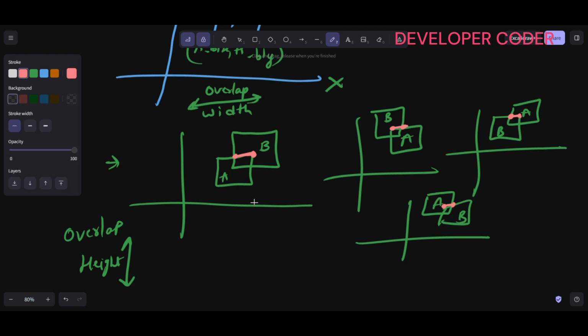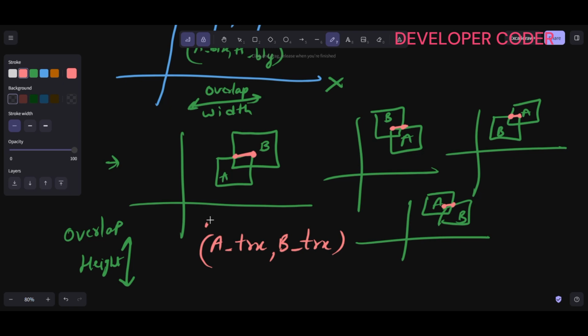Right? Now here, can I write my overlap width as the minimum of A underscore top right x, comma, B underscore top right x.